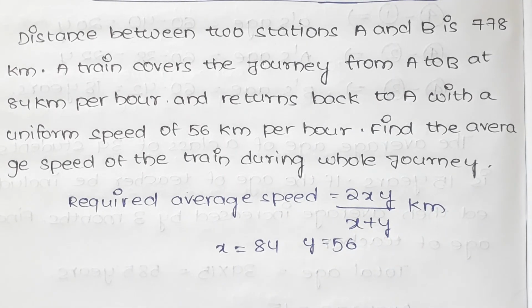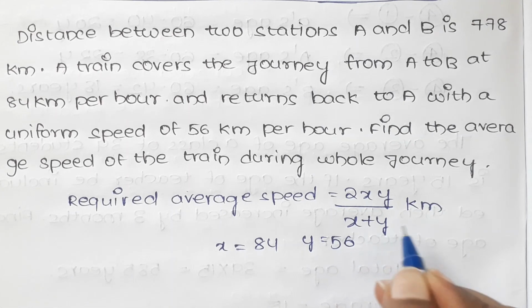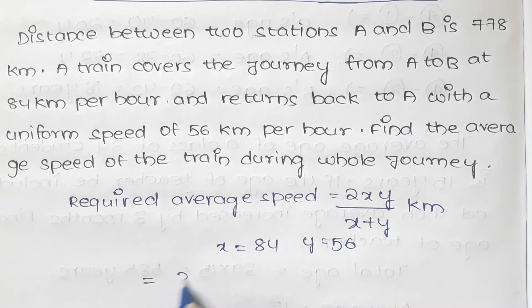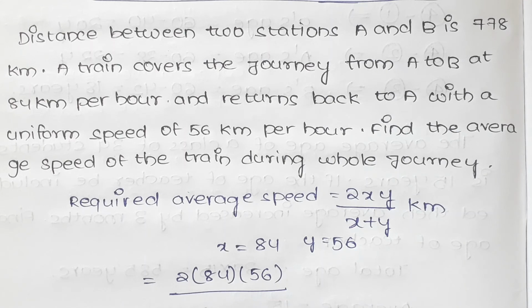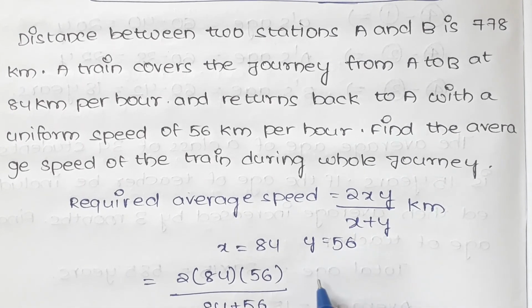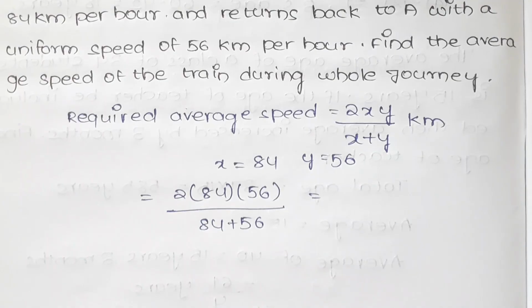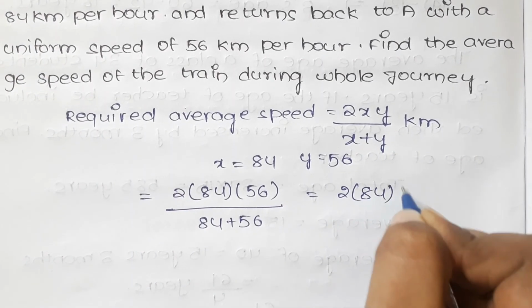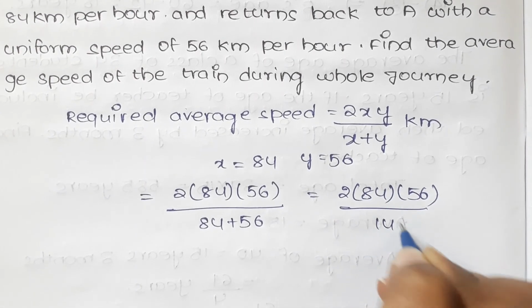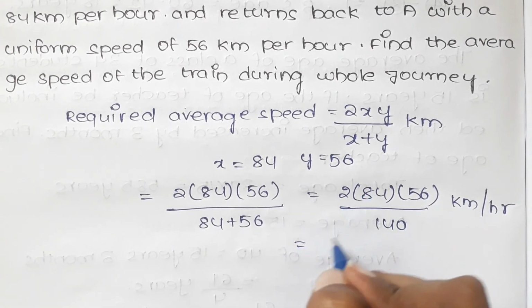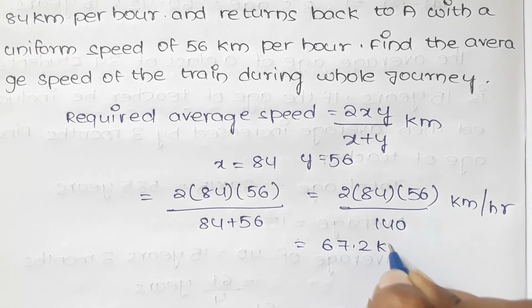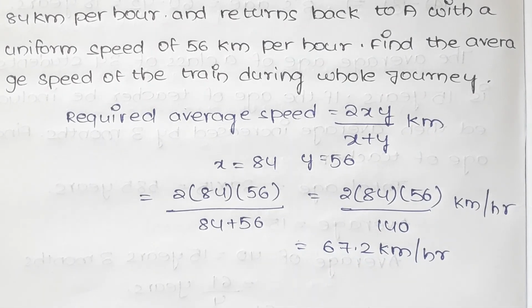And now the average speed between the two stations is 2xy by x plus y, that is 2 into 84 into 56 by 84 plus 56, which equals 2 into 84 into 56 divided by 140 kilometers per hour, and the answer is 67.2 kilometers per hour, and this is the required average speed.